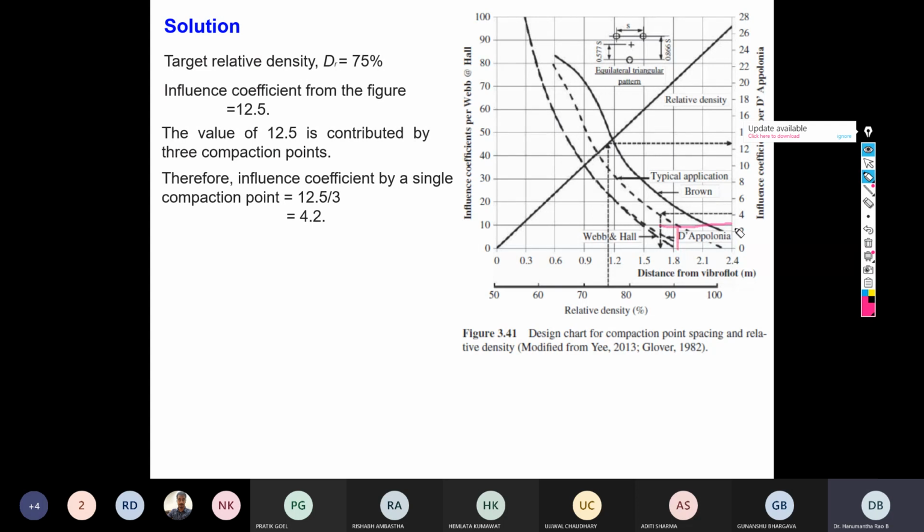For the influence coefficient of 3.1, if you draw a horizontal line and project it onto the x-axis, what you get is approximately 1.85 meter. Your spacing is increasing. So does that mean it is more economical? We do not know. We cannot talk about the economy because we have to ultimately understand the performance.